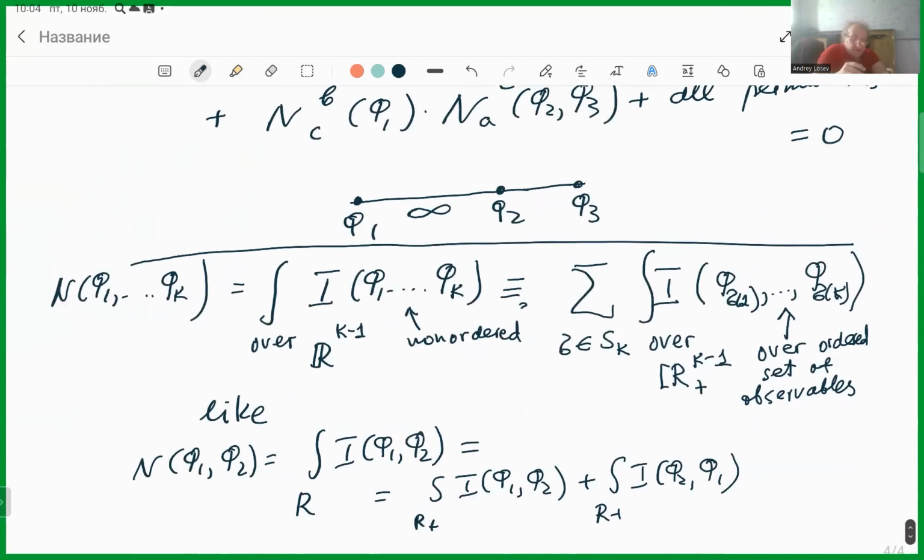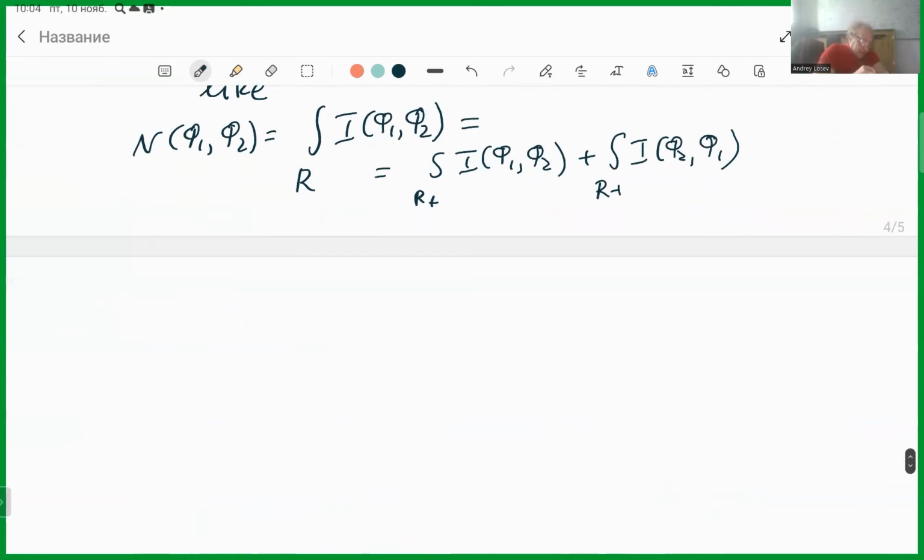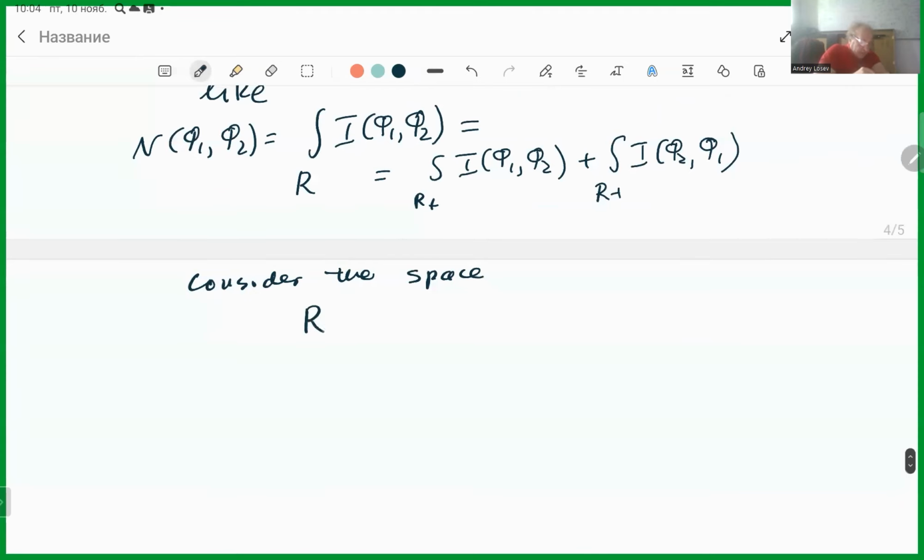Probably I can illustrate this in the following example. Consider the space R to the power k, and take a quotient over R. Let me call this space config.